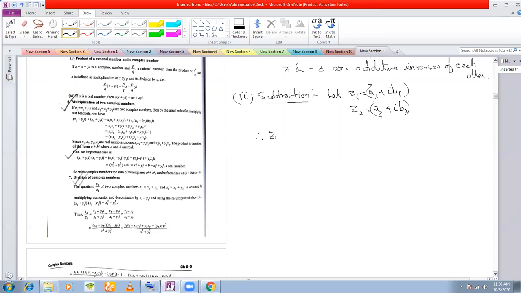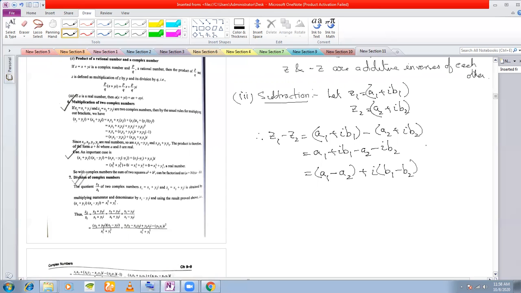Therefore z1 minus z2 will be (a1 + ib1) minus (a2 + ib2). Open the brackets, change the signs, take the real parts together and the imaginary parts together.